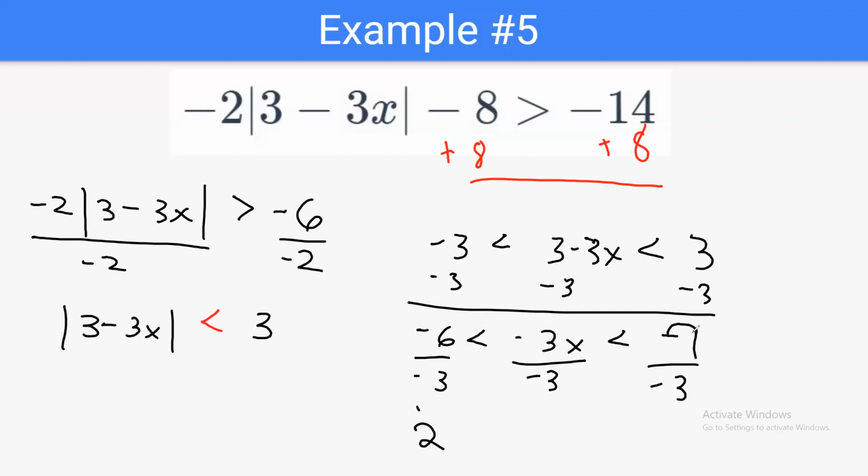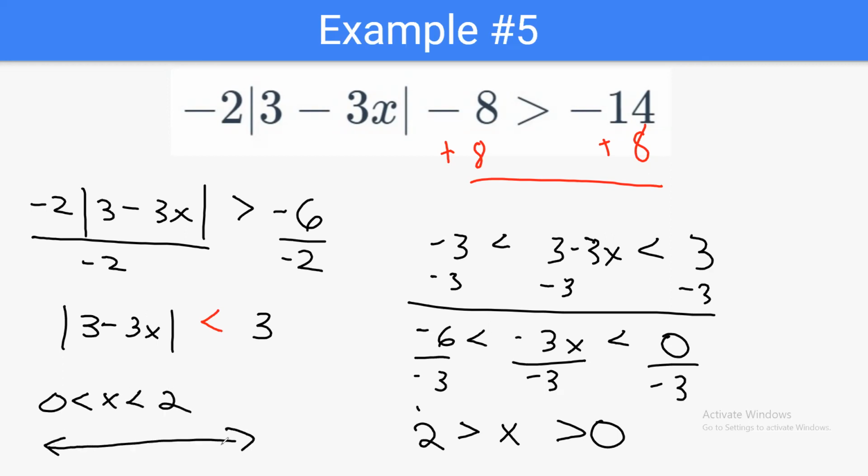Oh, it's 0. Good catch. Okay. So 2 is greater than x, which is greater than 0, right? I flipped the sign, flip it back. 0 is less than x, which is less than 2.